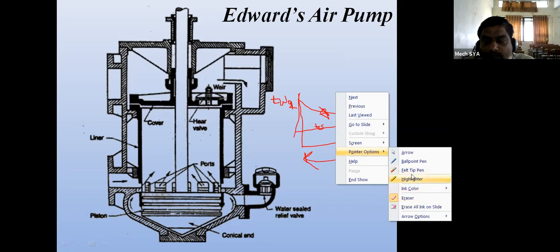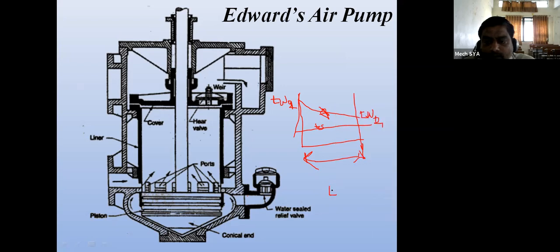The actual change in cooling water temperature is TW1 minus TW2.